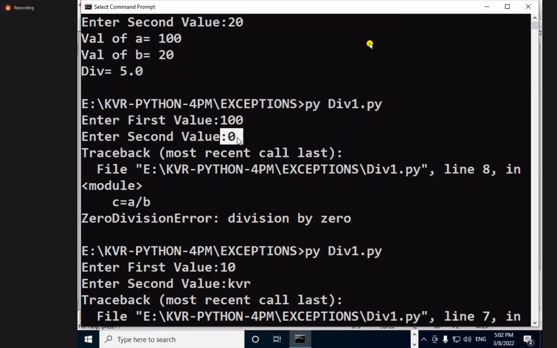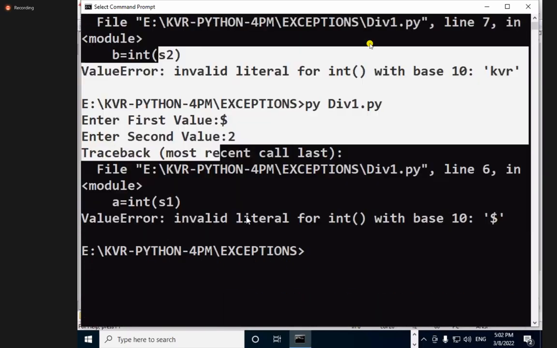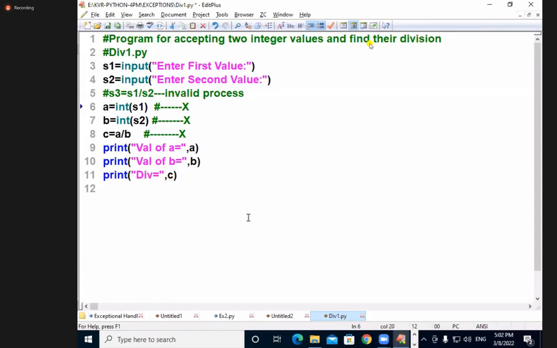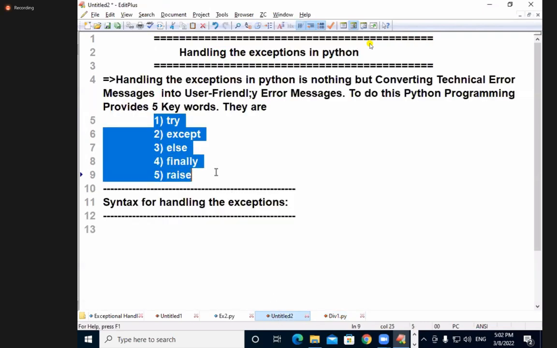So I need to convert which messages? Technical error messages into user-friendly error messages. So I need to apply which concept? Exception handling. So I must go for these kinds of keywords.